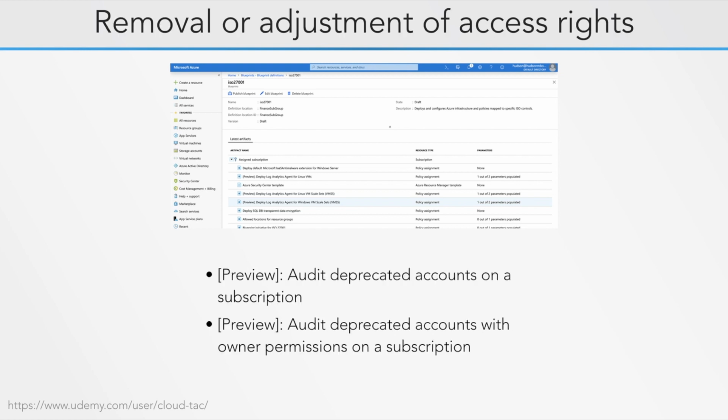Using Azure Active Directory and role-based access control, you can update user roles to reflect organizational changes. When needed, accounts can be blocked from signing in, which immediately removes access rights to Azure resources. This blueprint assigns two Azure policy definitions to audit deprecated accounts that should be considered for removal.